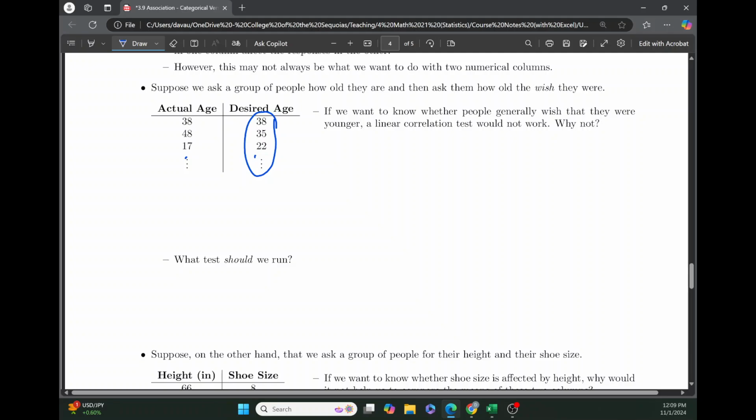So let's write down. I'm asking, a linear correlation test would not work. Why not?